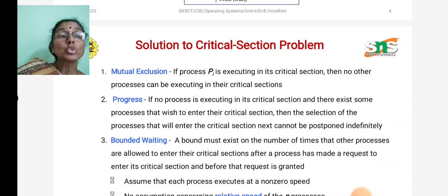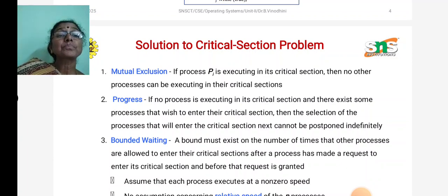That means we have to select the next process immediately to enter the critical section. We cannot postpone indefinitely, and only processes not executing in their remainder section can take part in the selection.